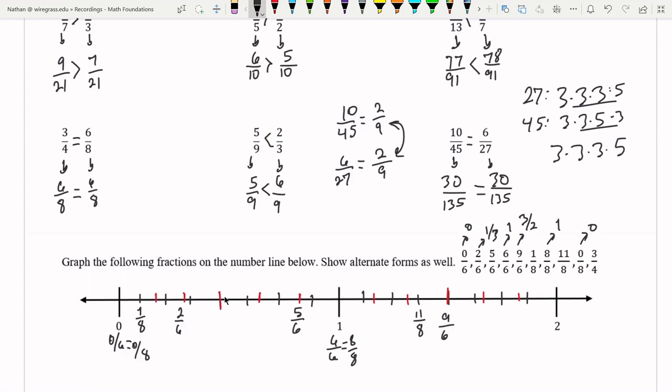3/4 is going to be, here's 1/2. 3/4 is going to be 1/4, 1/2. 3/4 is right here. 3/4 is the same thing as 6/8. So we have 1, 2, 3, 4. That was also the same thing as an eighth. 5, 6. 6/8 is the same thing as 3/4.